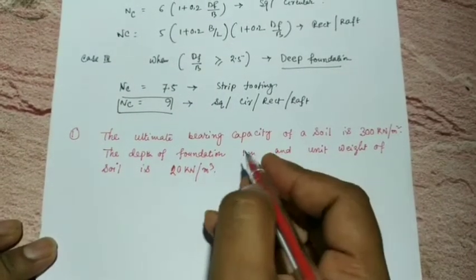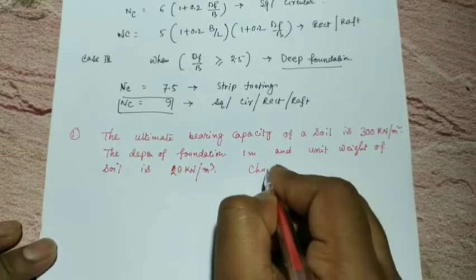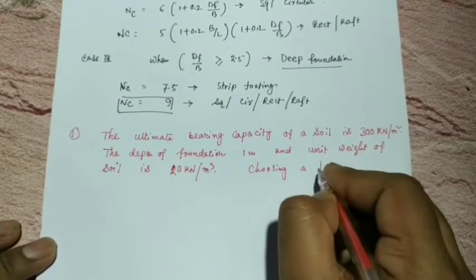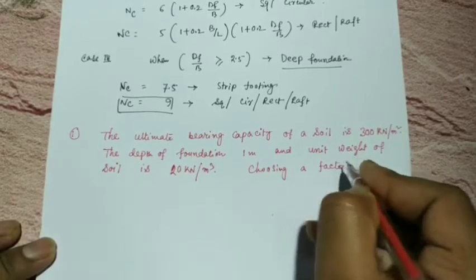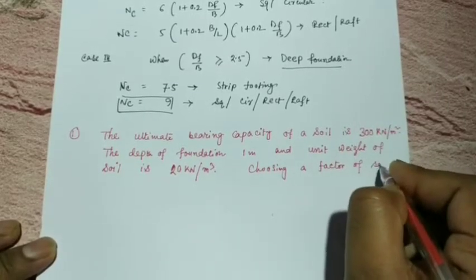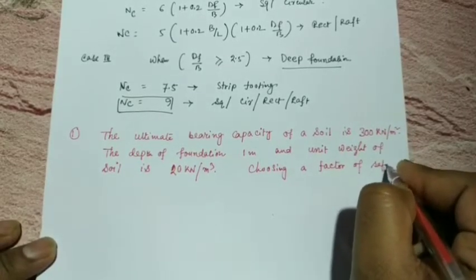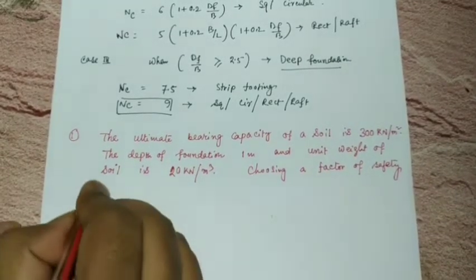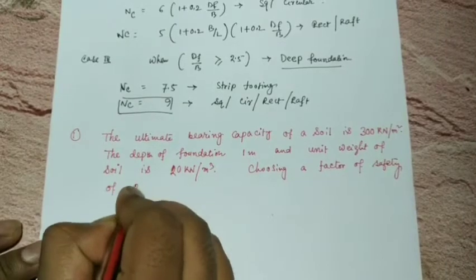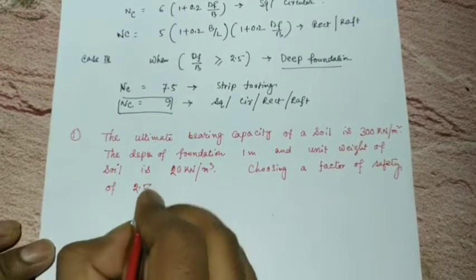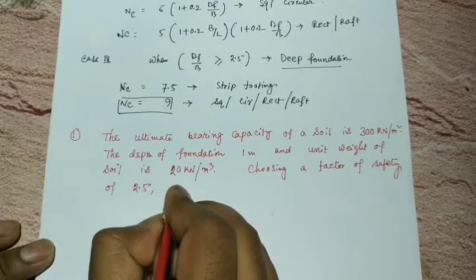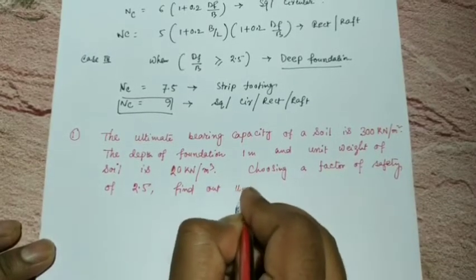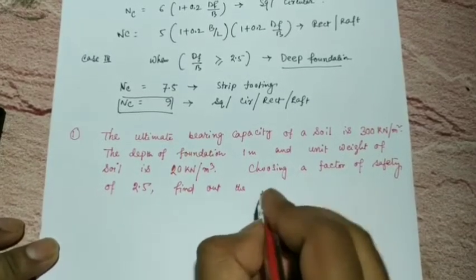So choosing a factor of safety of 2.5, find out the net safe bearing capacity.